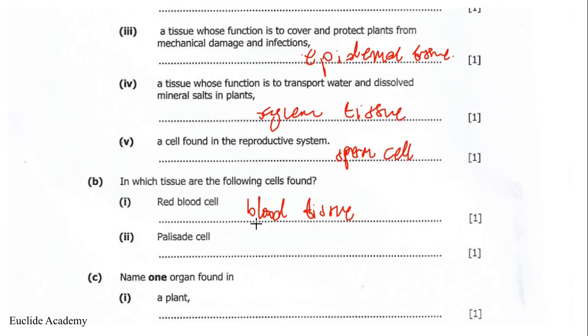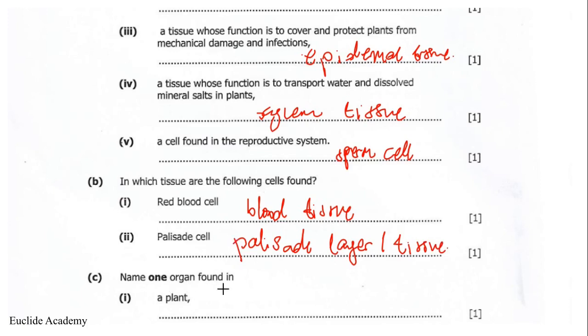Palisade cells are found mostly in the leaf of a plant, and we're talking about the palisade layer or palisade tissue. You can say the palisade layer, or if you want you can say the palisade tissue, and this is where we find the palisade cells.